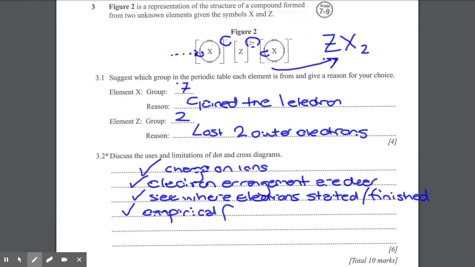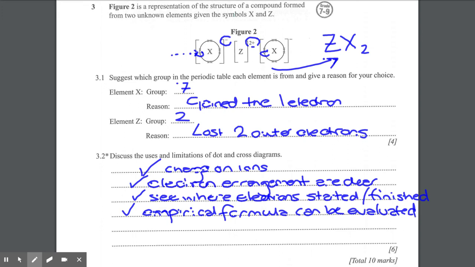So by drawing a dot cross diagram, you can evaluate the formula of a compound, and you can do it in a diagrammatical fashion if you don't perhaps know any more information at the time. So that's always good. Some of them are a lot more long-winded, but obviously we know at certain points you can use shortcuts such as valency. But if you're at a starting point, you can do it by dot cross diagrams.